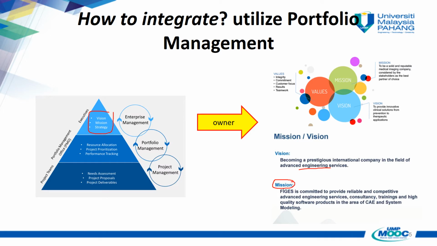This is what they want and how they want it. Once this vision and mission is shared from top to bottom, everybody will be working together to achieve it. This is what the owner hopes for.